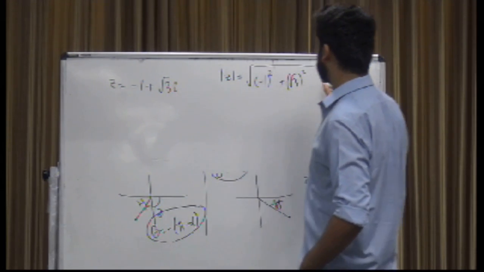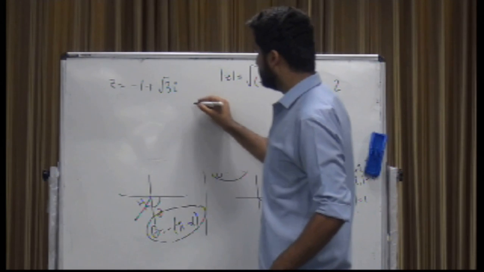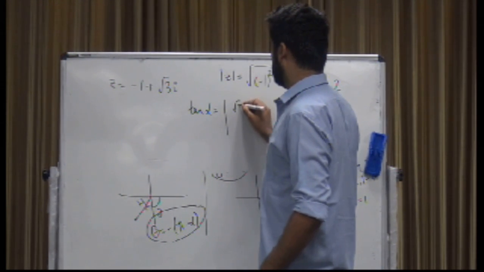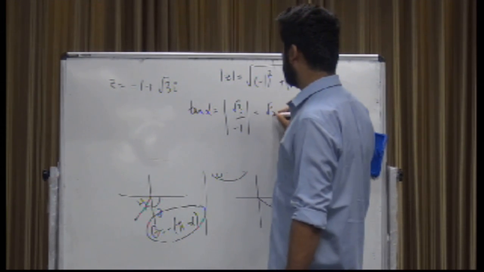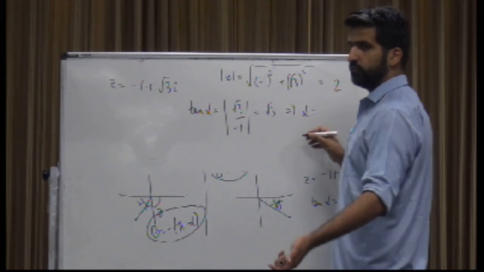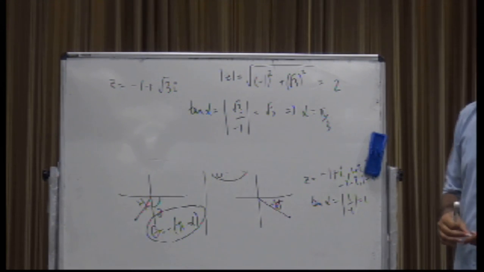So this is 1 plus 3, 4, square root will be 2. Then you calculate tan alpha. Tan alpha is equal to √3 upon 1, which is √3, which implies alpha is equal to 60 degrees, pi by 3 in terms of pi.